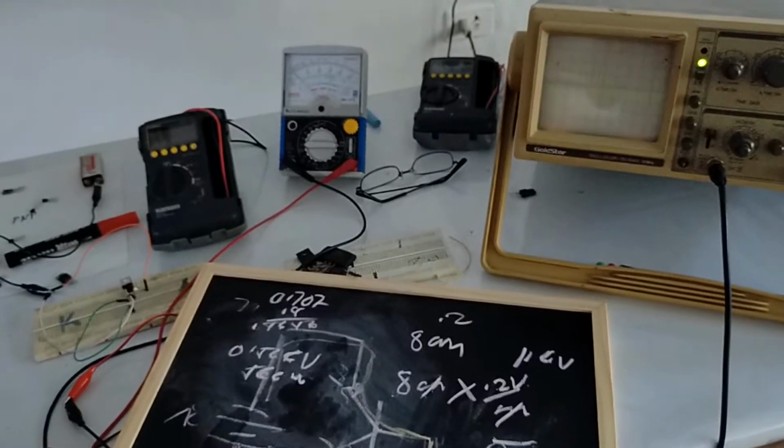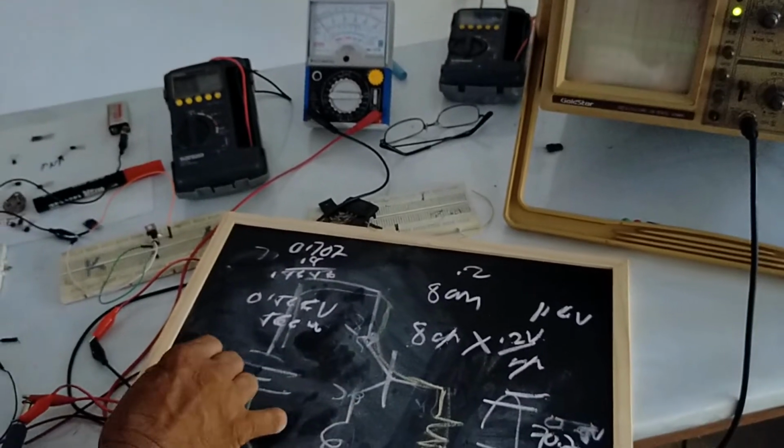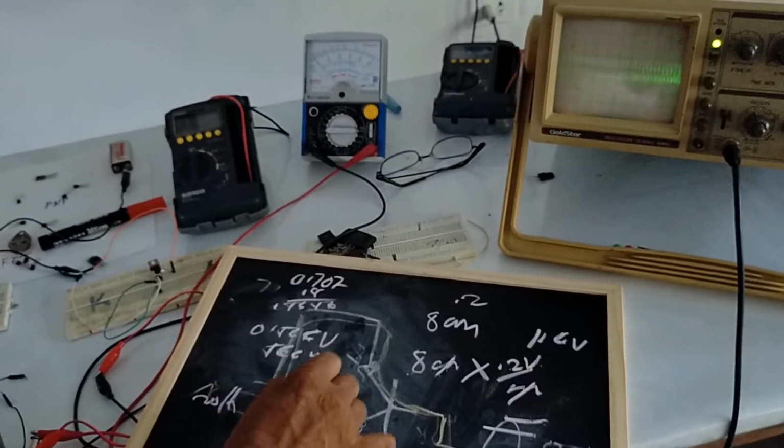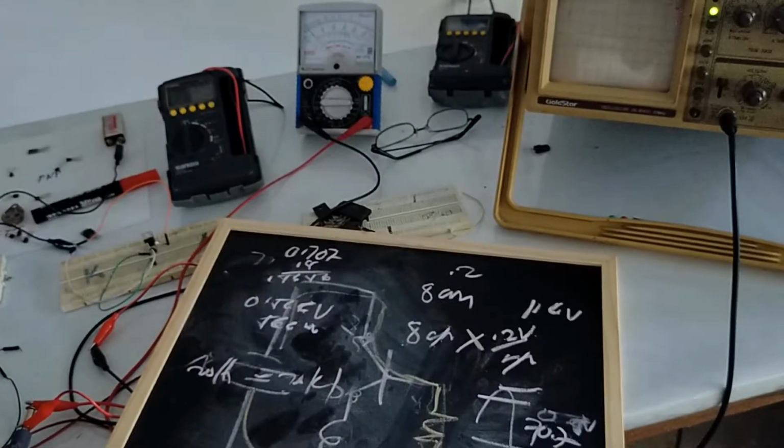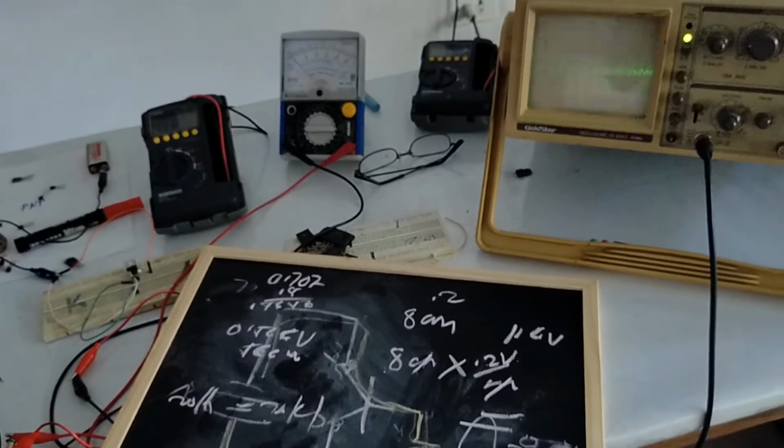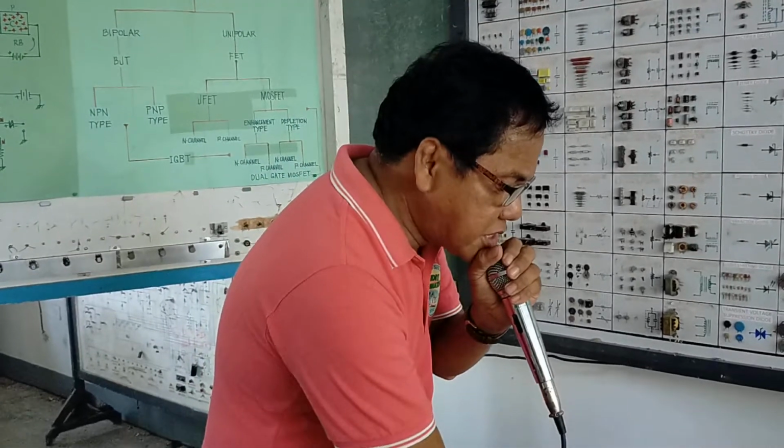But the frequency varies from 20 Hz to 20 kHz. When we say audio frequency range, it is the range of frequencies which are audible to the human ears. Below 20 Hz is no longer heard or no longer normal to the human ears.